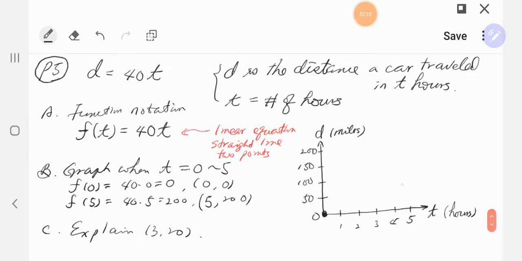So when t equals 5, d is 200, and at 0 it's 0. Connect these two points like this. That's the graph of this equation, this function.